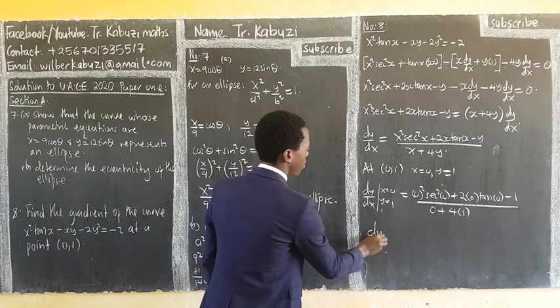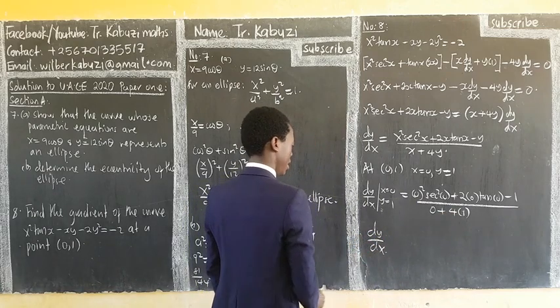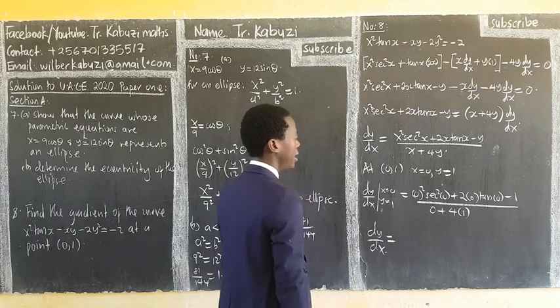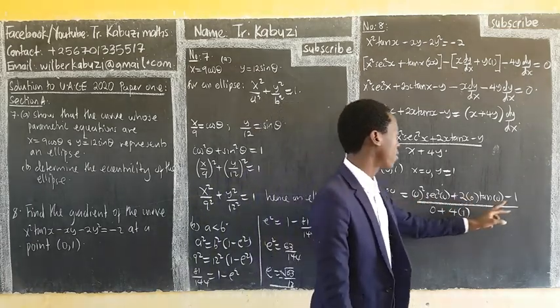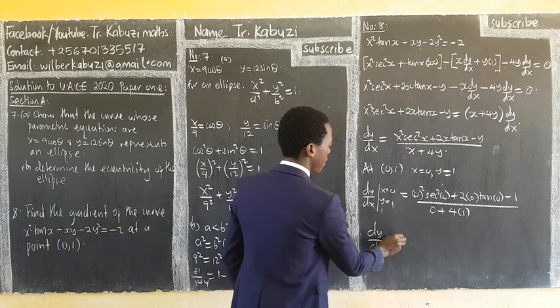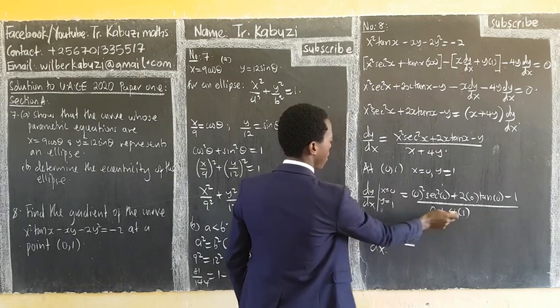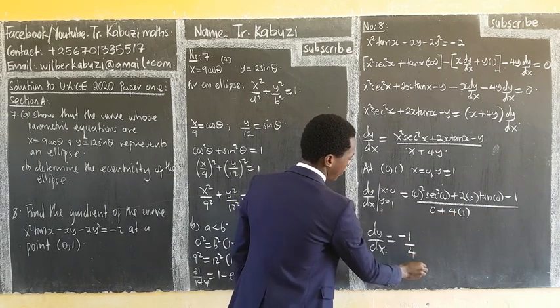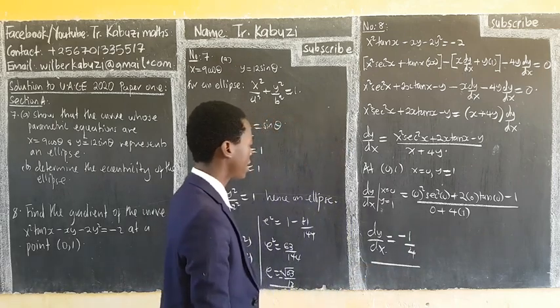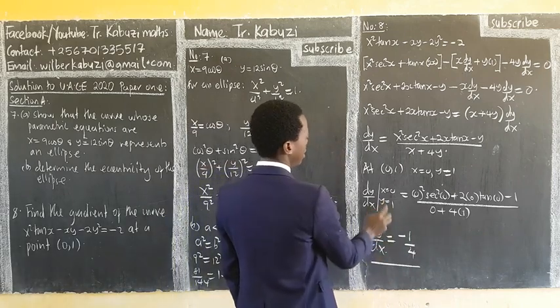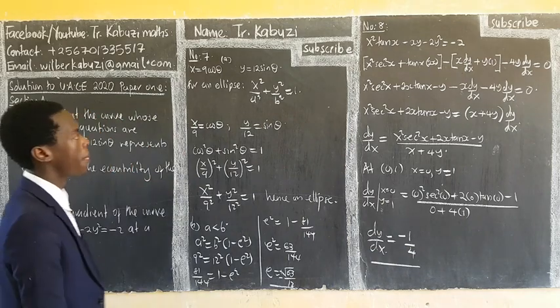From here, our dy dx is going to be, this is 0, this is 0, we have negative 1 over 4 there. So that's the gradient of the tangent to that curve at this point 0, 1.